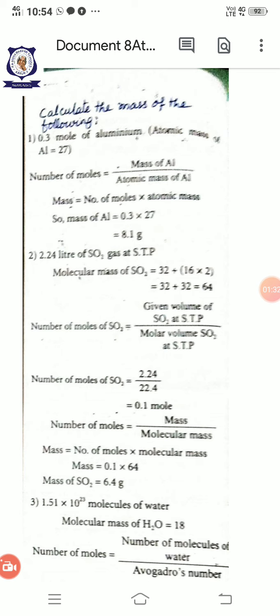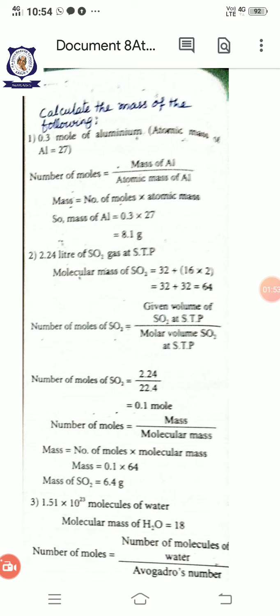So number of moles is equal to number of molecules by Avogadro number, or number of moles is equal to number of atoms by Avogadro number. See now, another one. If the moles are given, we have to calculate mass of the following.